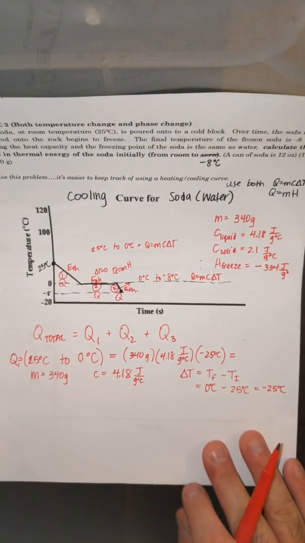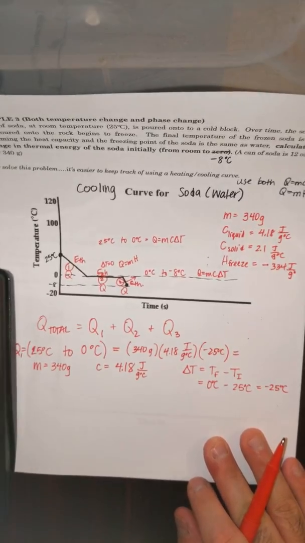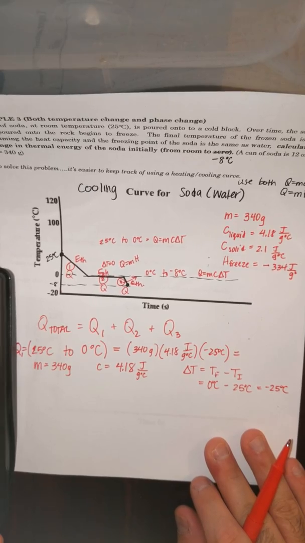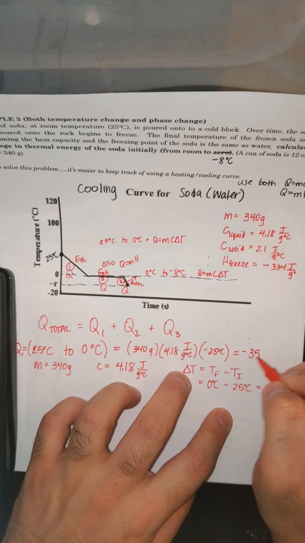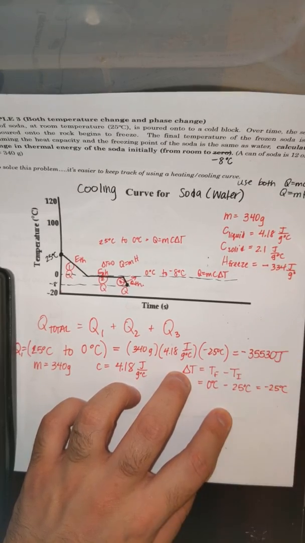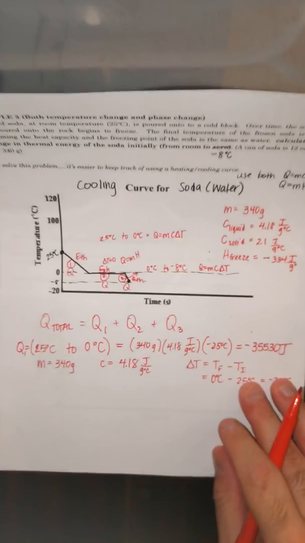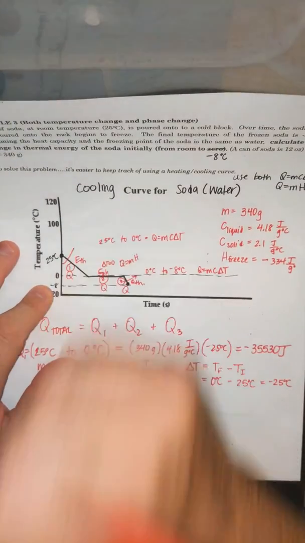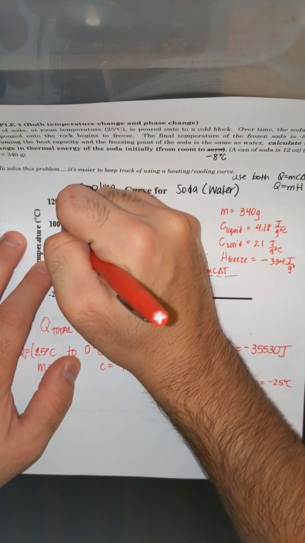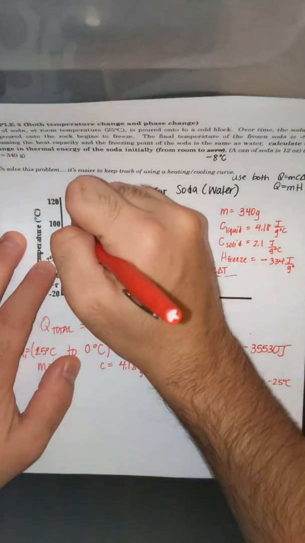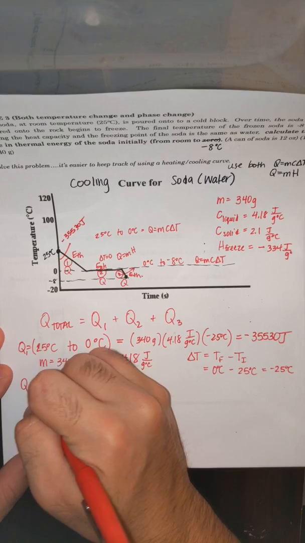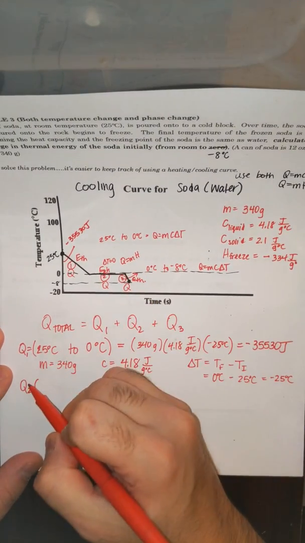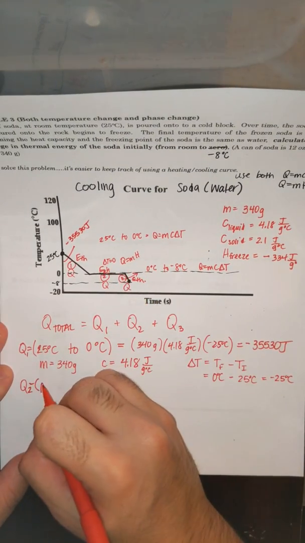Multiplying all of this together, 340 times 4.18 times negative 25, I get negative 35530 joules. That's just for this first segment. So right here, this is requiring negative 35530 joules. Let's do Q2. Q2 is associated with a phase change.